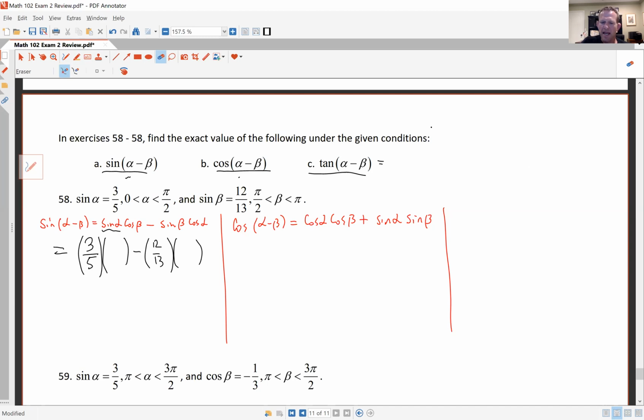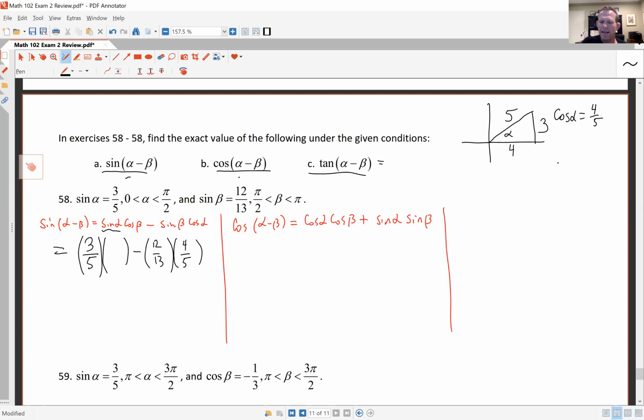So let's see. Alpha is an angle in quadrant 1 whose sine is 3/5. And we should be able to recognize this pretty quickly, that this would be a 4, which means that the cosine of alpha is 4/5.